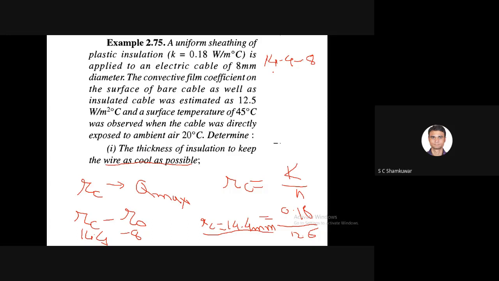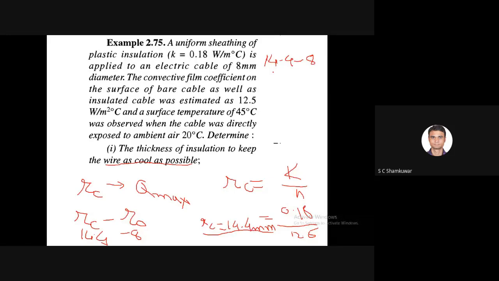This question has been asked in GATE. Lots of things are given: outer temperature, inner temperature, air temperature. No need of anything. We just want K and H, nothing else. Calculate the critical radius.